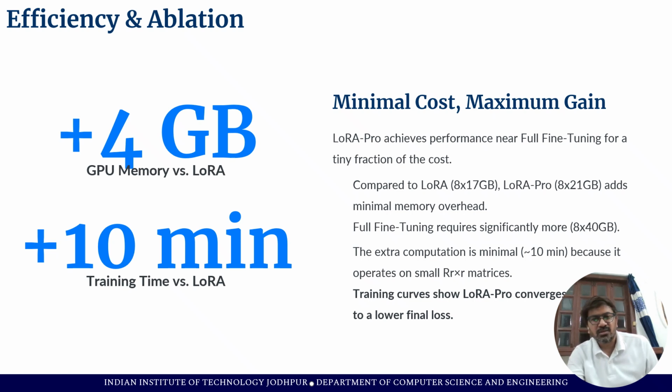The reason the cost is low is that these new calculations, like the orthogonalization, are performed on tiny r by r matrices, for example 8 by 8 and 16 by 16, not the massive million parameter model weights. So we get a significant boost in performance and stability for a cost that is almost identical to standard LoRA.